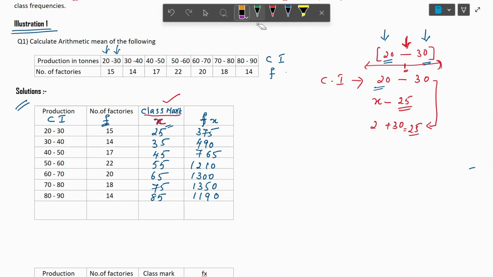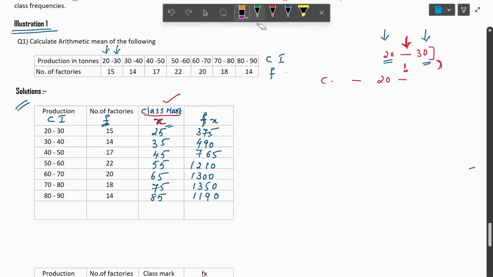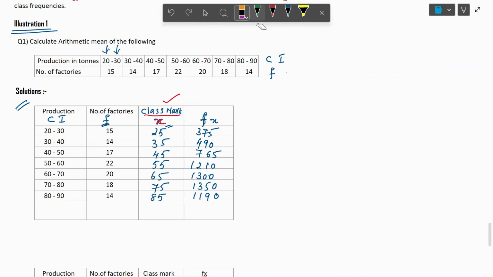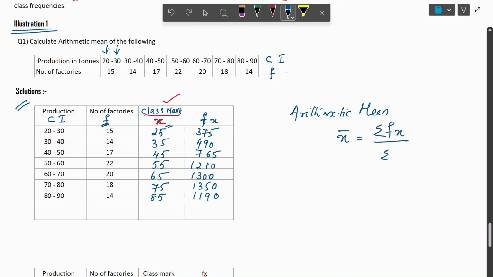I'm just rubbing this part out now. And we are going to write the formula, then it is going to be clear what you need to complete your columns. That means arithmetic mean x bar is equal to summation fx divided by summation f.